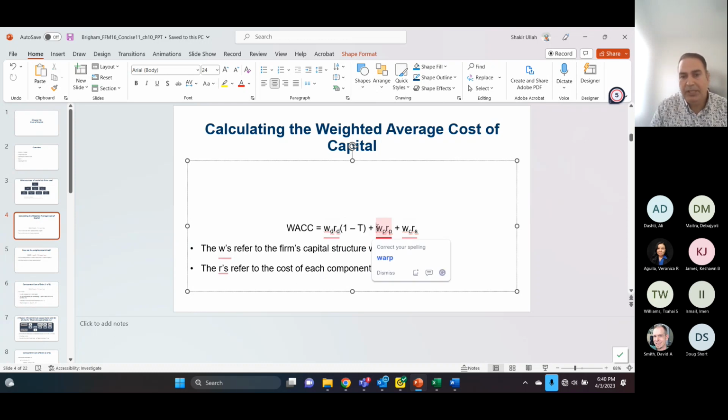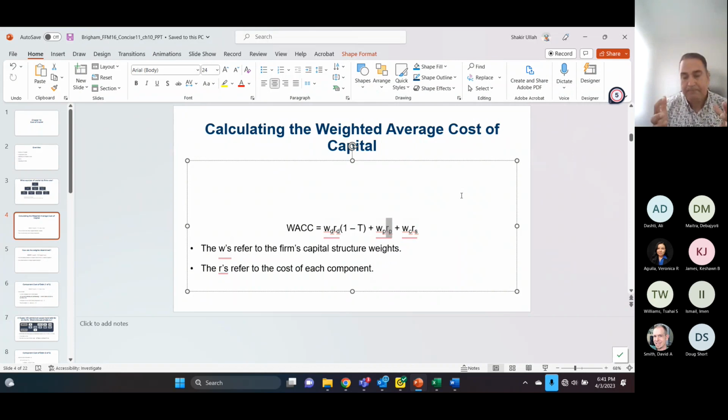The second component here is the preferred stock component, and it can be calculated by taking the weight of preferred stock, and weight of preferred stock means the percentage of preferred stock in the total capital. Let's say that the preferred stock is just 10%, so 10% is the weight of preferred stock, and then multiplied by the cost of preferred stock, RP, or rate of preferred stock, you may call it.